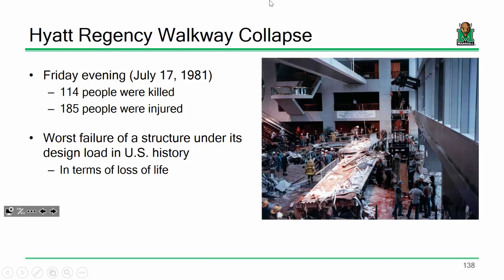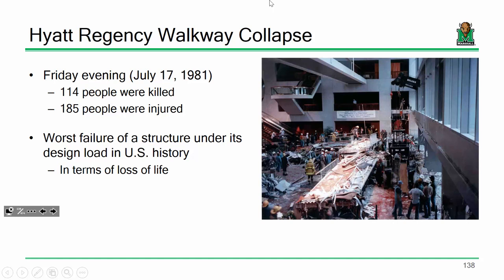Now, you go, well, wait a minute, what about 9/11? What about the Oklahoma City bombing? Well, yeah, many more people died during those instances, but they weren't under normal operating conditions. This failed under day-to-day normal operating conditions, and over 100 people died. Okay, so this was pretty serious.